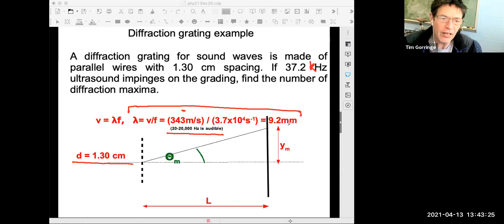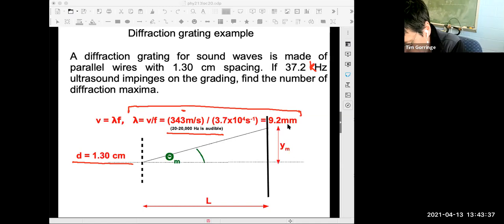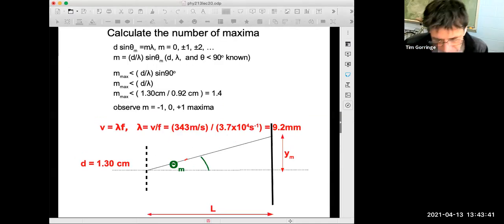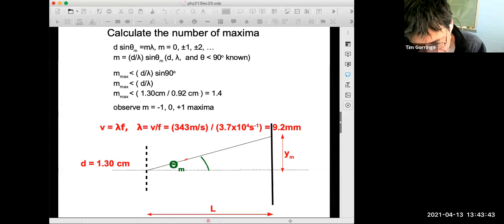So you see here, you tend to get diffraction patterns when you've got a slit separation and a wavelength that are of similar dimensions. And the wavelength and the slit separation here are similar dimensions.